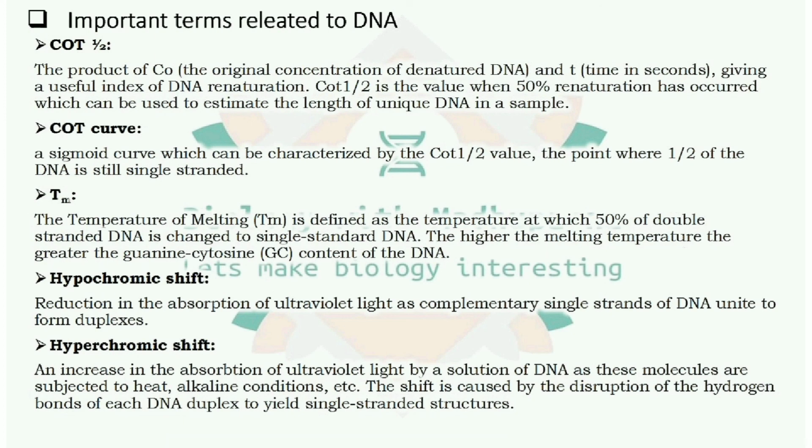This reduction is called hypochromic shift, whereas hyperchromic shift is the increase in the absorbance because of the denaturation of DNA. If it is subjected to some heat or alkaline conditions, this shift is caused by basically the disruption of the hydrogen bonds of each DNA duplex to yield a single stranded structure.